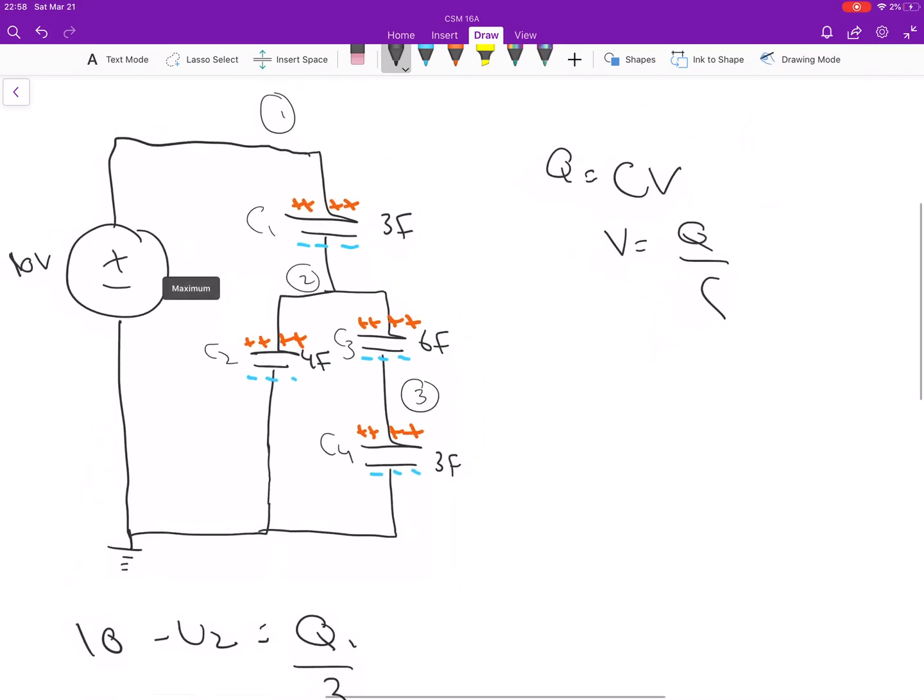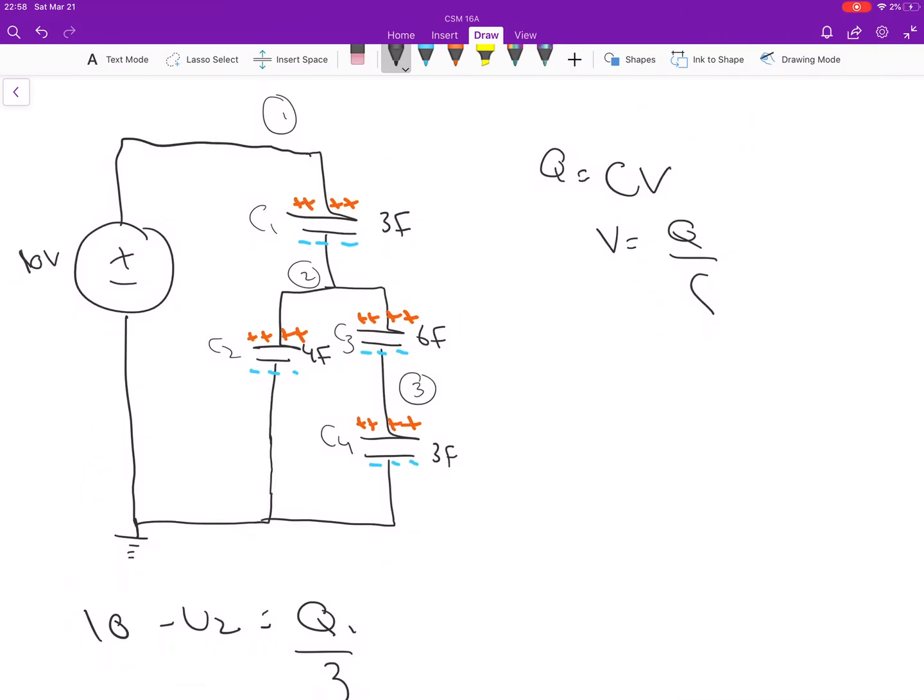I'm going to recap it once more: any node where only capacitors are connected, for example this node right here, is going to have the same net charge as it did before being brought into this circuit. And usually that means if these were just uncharged capacitors that you brought into the circuit, which is typically what you do, that property of no net charge is going to remain.